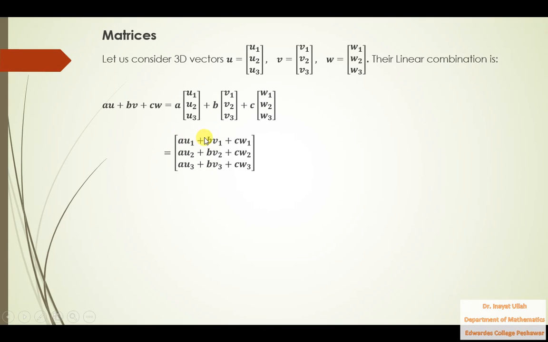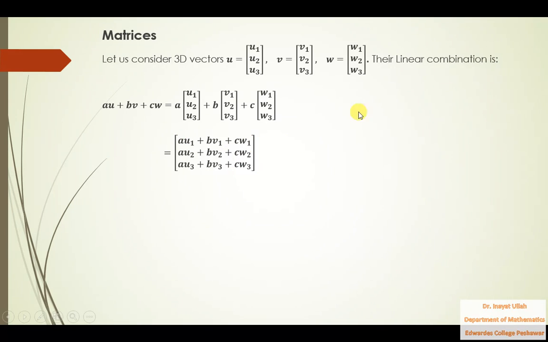Similarly for the second component, au2 plus bv2 plus cw2, that is the second row of this matrix. And the same thing will be followed for the third one, au3 plus bv3 plus cw3. So we have written this linear combination in the form of a matrix.